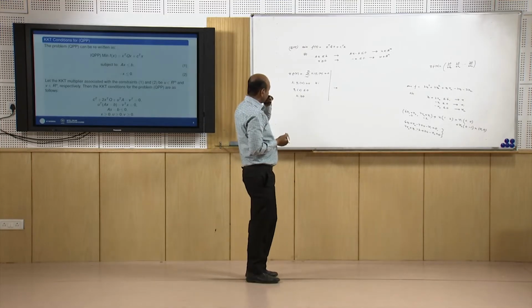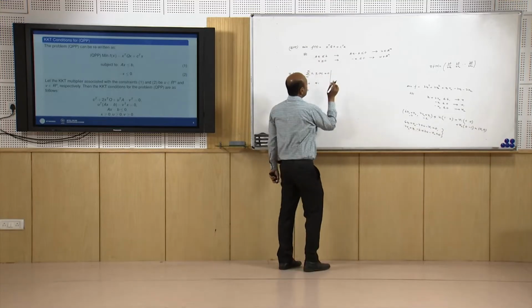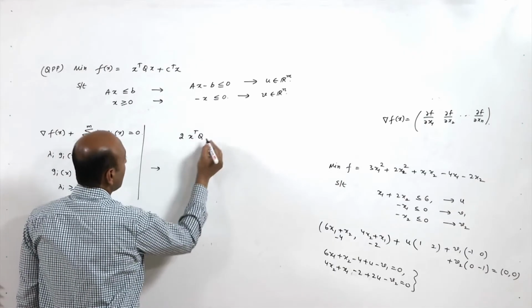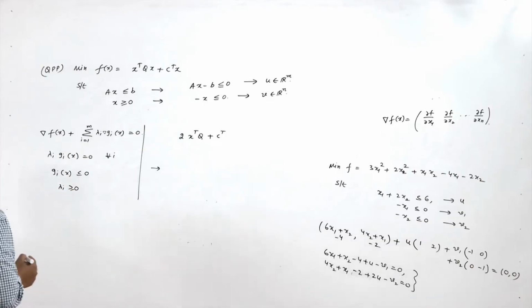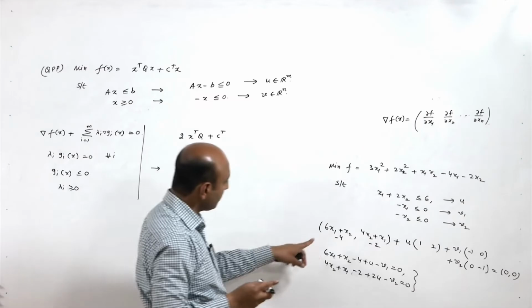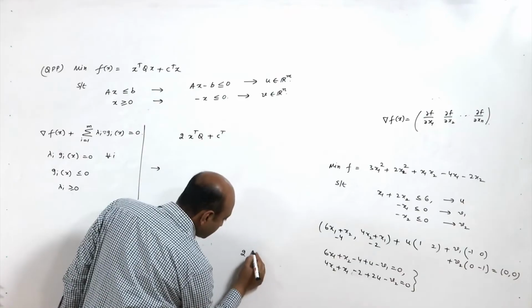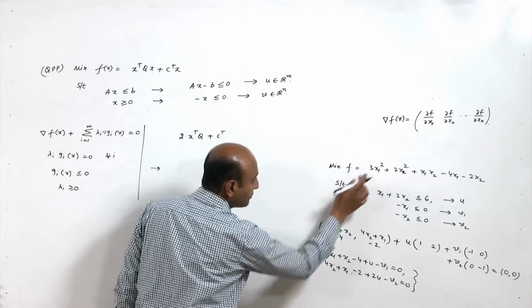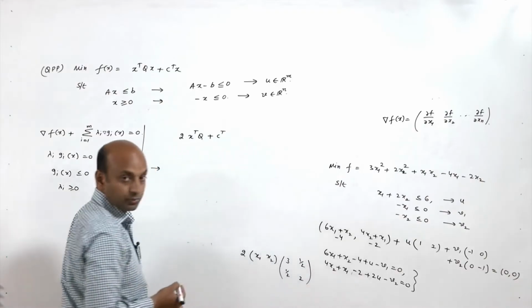Now, if we try to write down the gradient of the quadratic term, it will be nothing but 2 x transpose Q plus c transpose. You can easily see why from this example. 2 times x transpose is x1 x2, and Q for this problem is 3, 1 by 2, 1 by 2, 2.